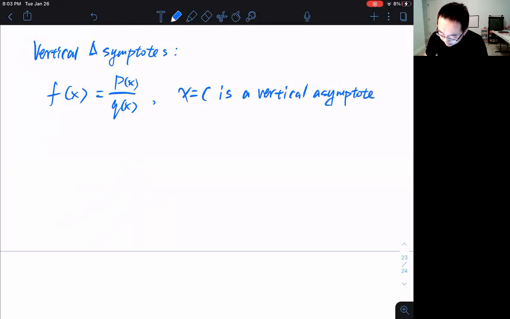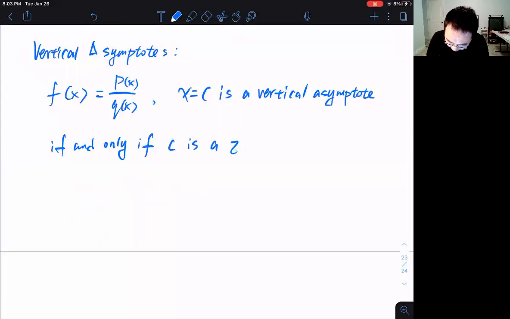if and only if c is a 0 of the polynomial q.